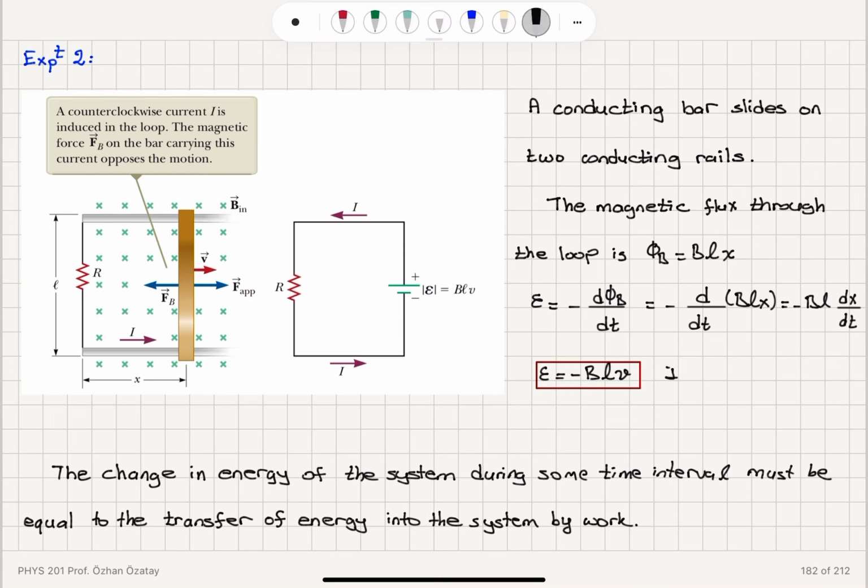The current induced in the circuit will be epsilon divided by R, and it's basically BLv divided by the resistance R. So this current is now an induced current.